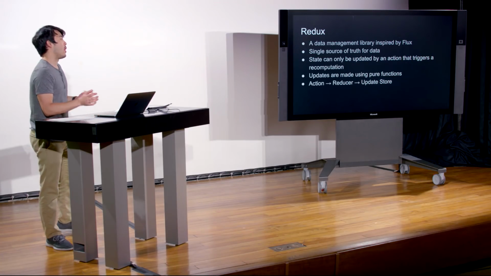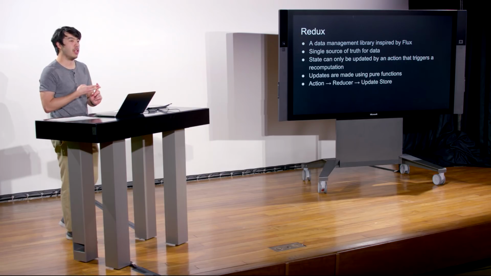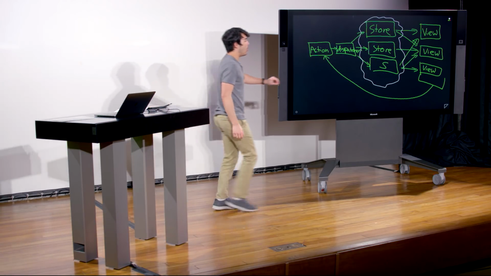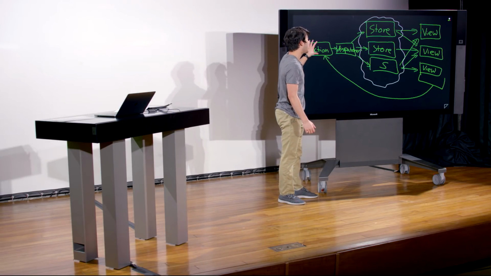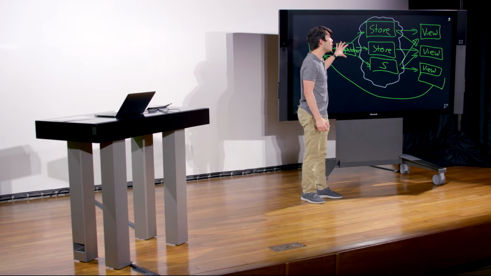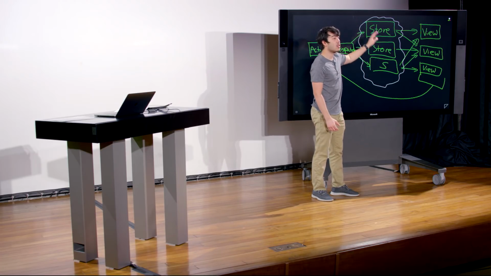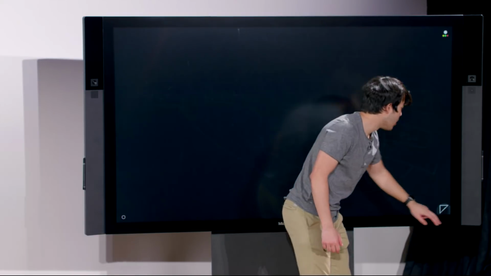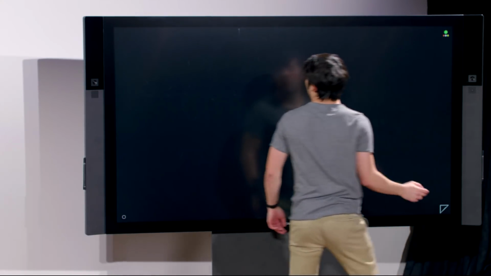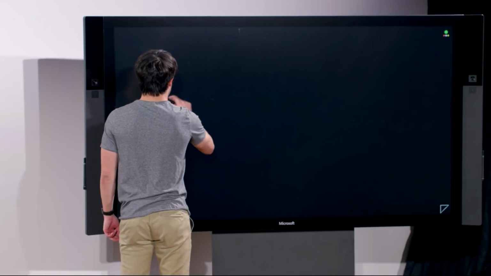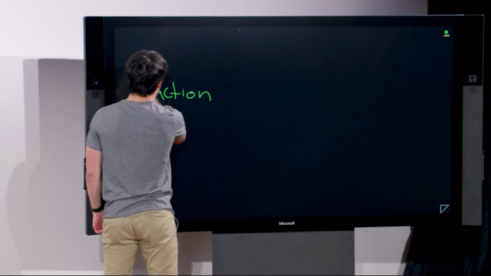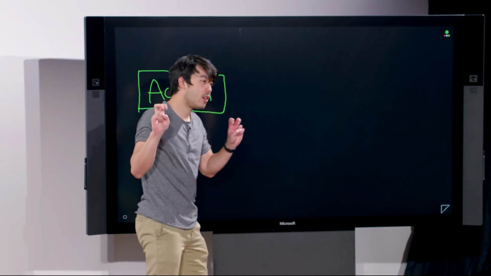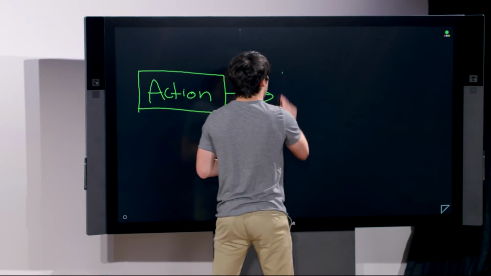And so we have this thing. We have an action, goes to a reducer, which then updates the store. To draw that, if you remember this from Flux, we have actions go through a dispatcher, which updates some number of stores, which then updates some number of views. And in Redux land, we have an action that gets dispatched and updates some central store.